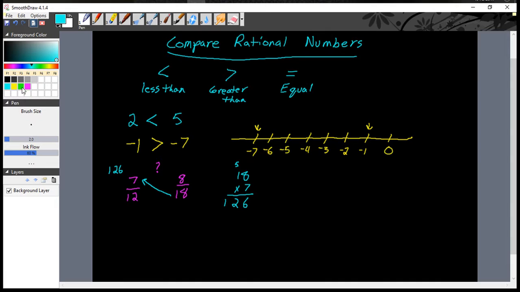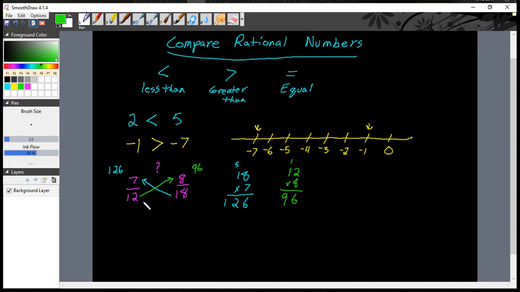I'm going to do the same thing with the other two numbers. 12 times 8. Start with the denominator. 12 times 8. 8 times 2 is 16. 8 times 1 is 8, plus 1 is 9, so I get 96, and I'm going to write a 96 here.